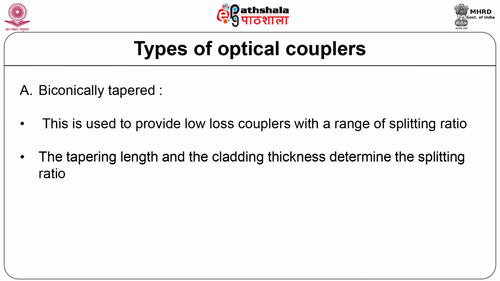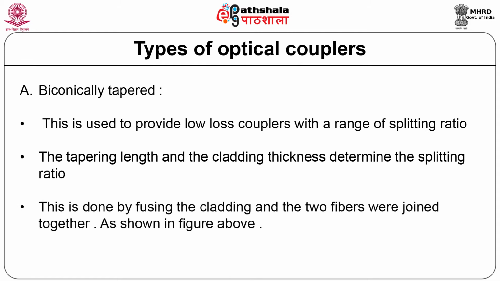The important parameters which determine the splitting ratio are the tapering length and the cladding thickness. Remember that these couplers are tapered couplers. Now what is the importance of this tapering, that we will see later.